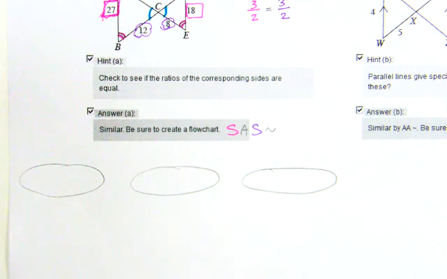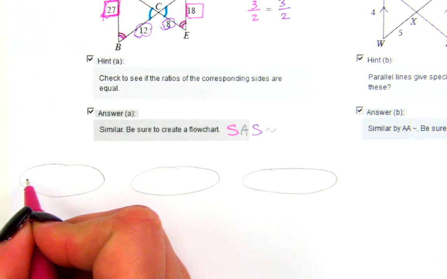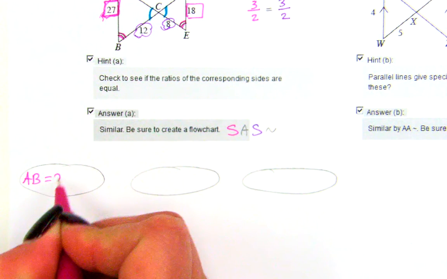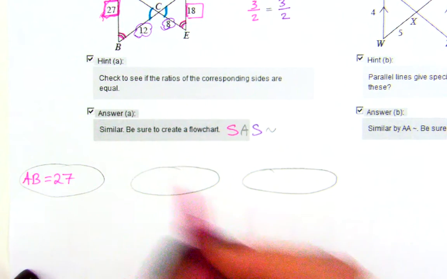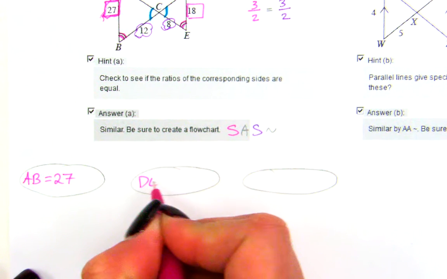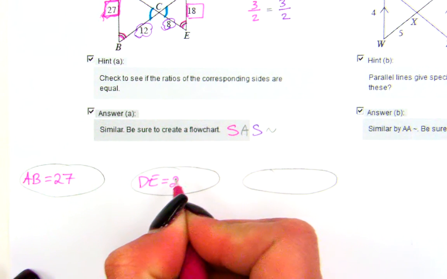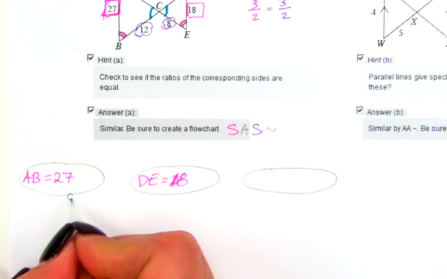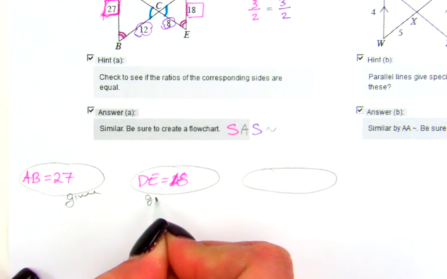So 27. Okay, so we know that AB is going to be equal to 27, and we also know that DE is equal to 18. All right, so this is your given.